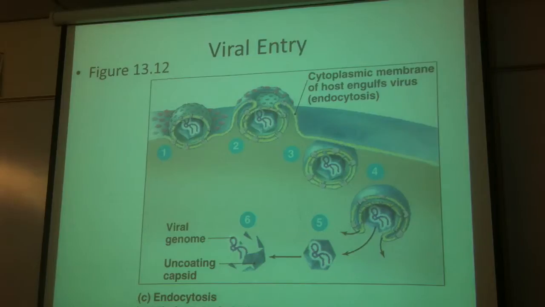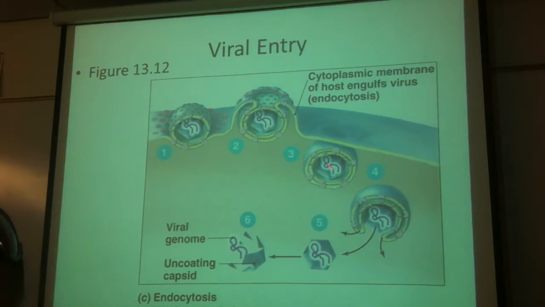So here's a little picture of the endocytosis. This is an enveloped virus. It recognizes, gets an extra membrane put around it, and comes in. So there's two membranes. This is why we have that endosymbiotic theory with the mitochondria and chloroplast.